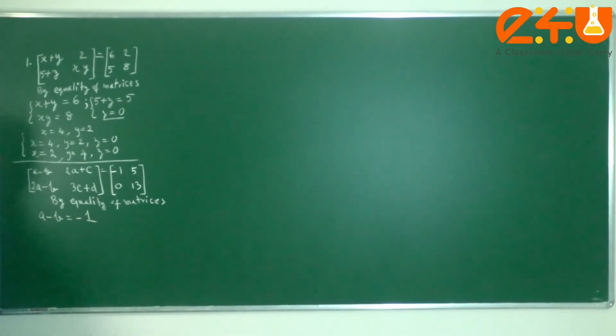And try to write the other equation which contains A and B, because you know A and B is a linear equation having two unknowns, and produce another equation having two unknowns only, which is available in position 2 1. It's given 2A minus B, and we find the corresponding element on the RHS is 0.